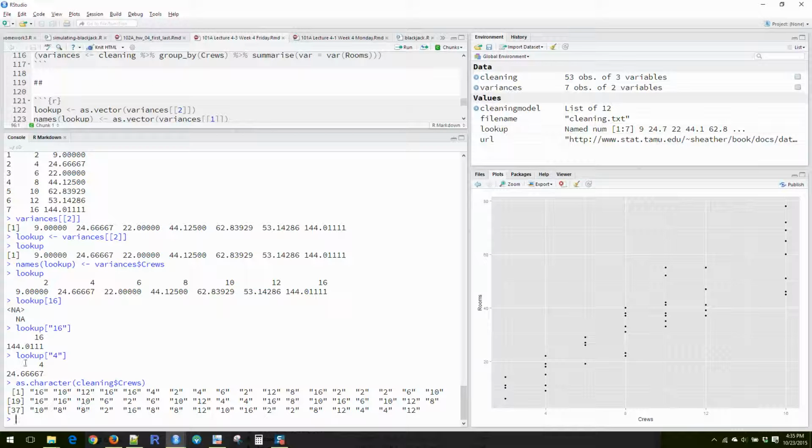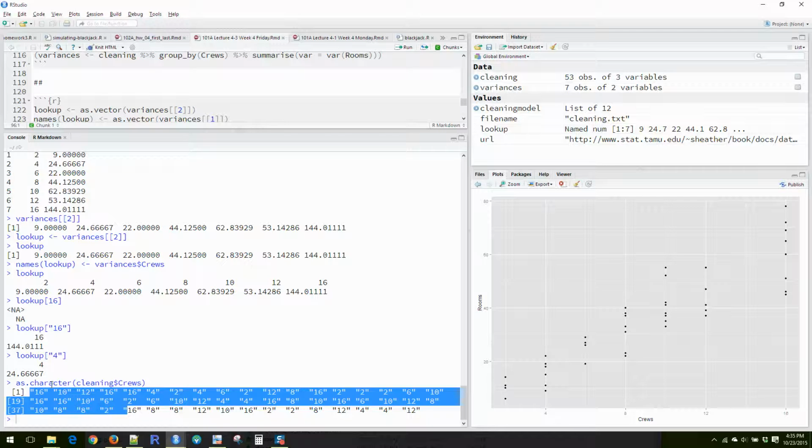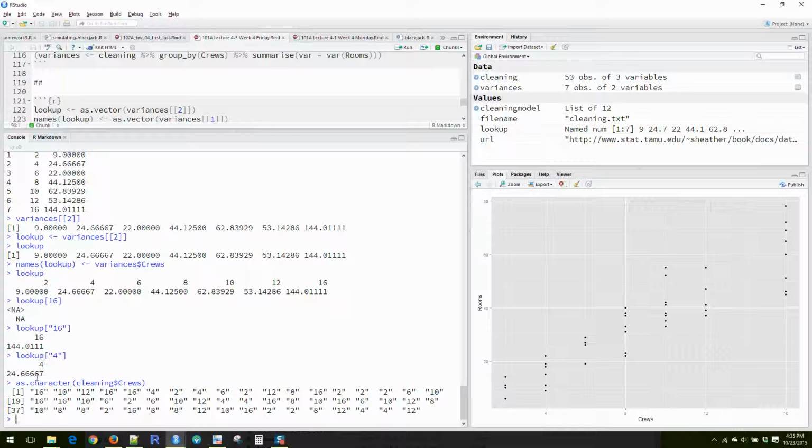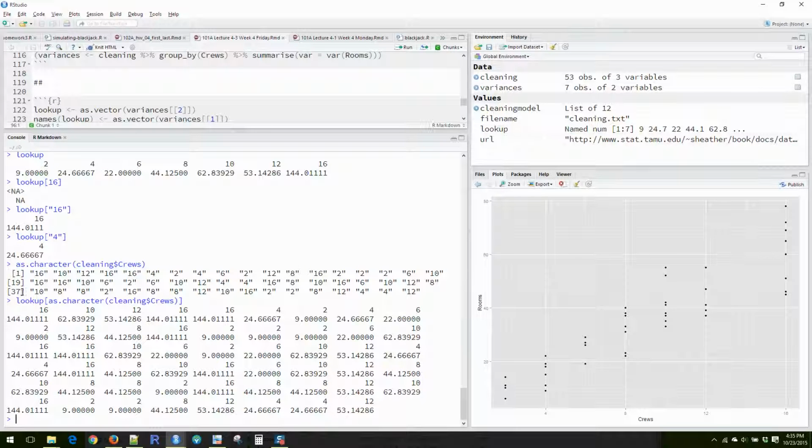We put that inside lookup, so I take all of these numbers and put them inside lookup, and it will return the numbers that I'm looking up. So I do lookup with brackets. This is one of the magics of subsetting in R, because we're using brackets, and it gives me back all of these numbers that I need.